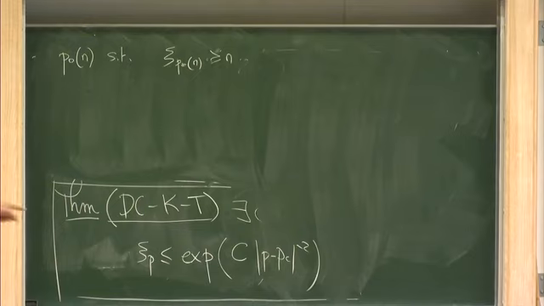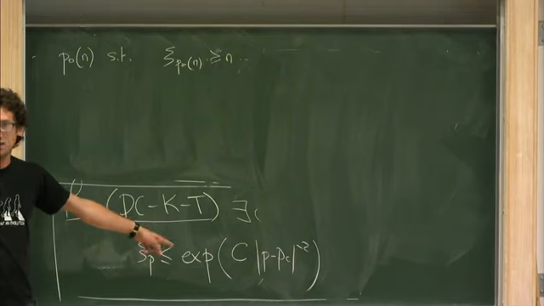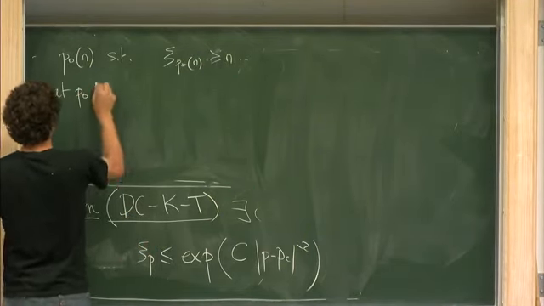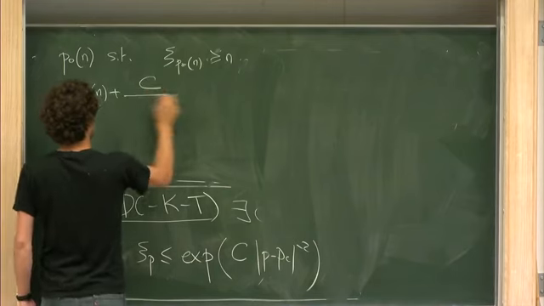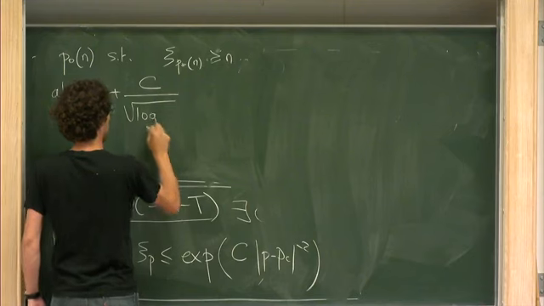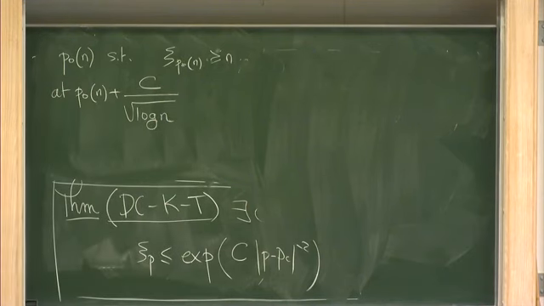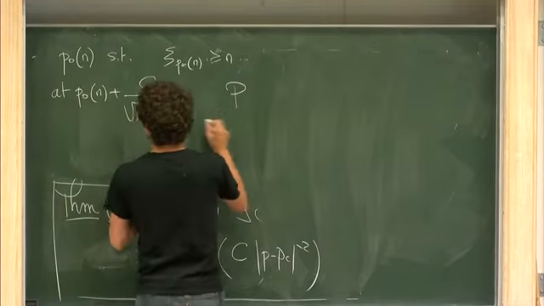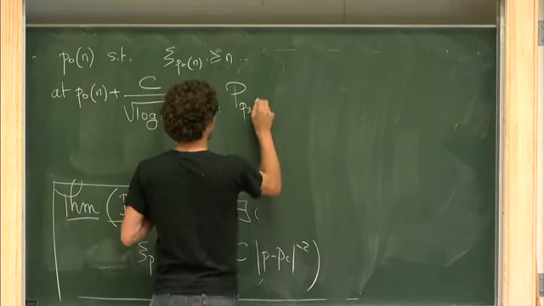Then, if I want to prove this result, what I basically need to prove is that at P0 of n plus constant over square root log n, I am way above the critical point. So for instance, what I could try to prove is that at this value, I even percolate, so let's call it P3 of n.